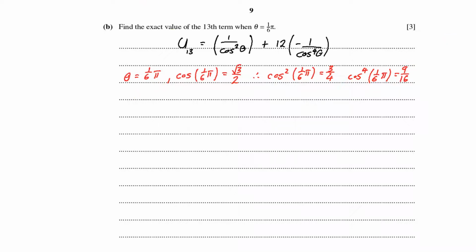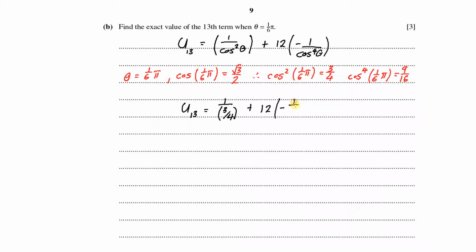So if we apply this here, then we have the 13th term coming out as 1 over cos squared theta, which is cos squared of a sixth pi, which is 3/4. So it's 1 over 3/4, and that's plus 12 of minus 1 over cos to the power 4 theta, and cos to the power 4 of a sixth pi is 9 over 16.